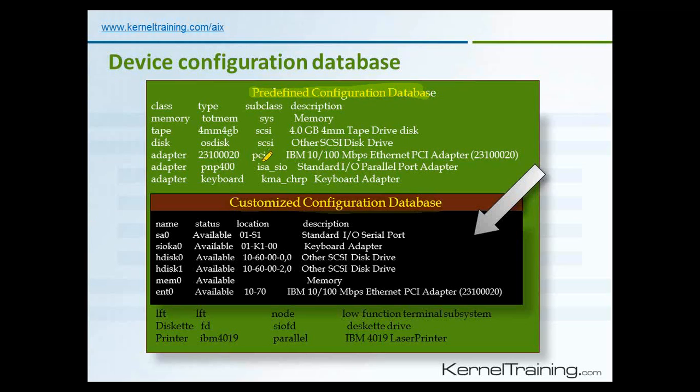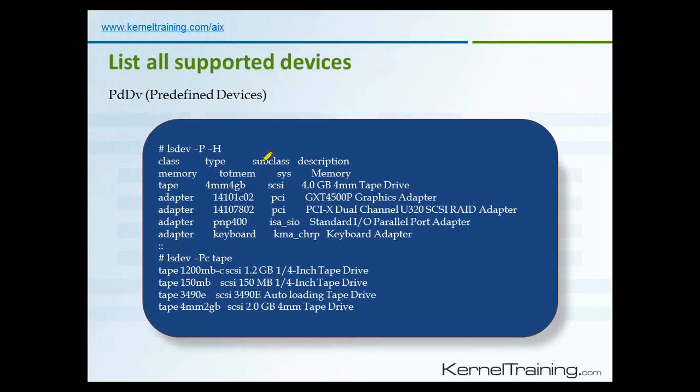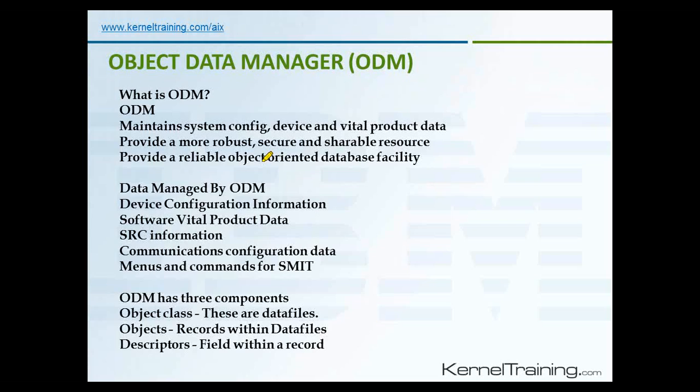Let's talk about one of the most important elements in your AIX environment. We call the kernel the heart of the operating system, and it is indeed. If the kernel crashes, the entire operating system will crash.